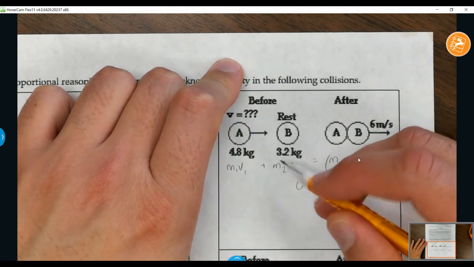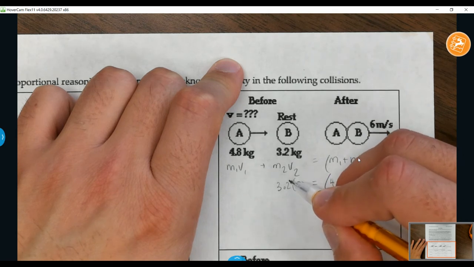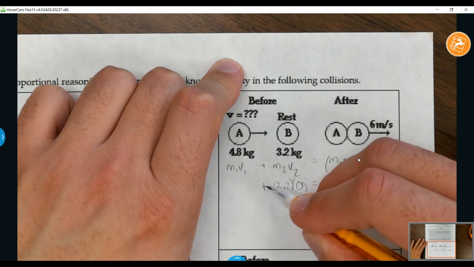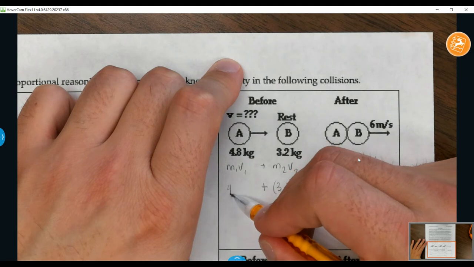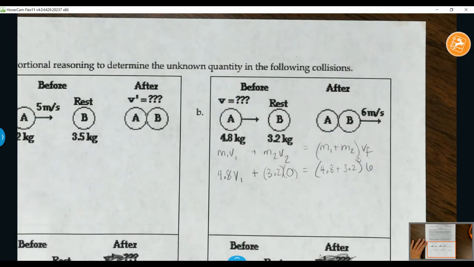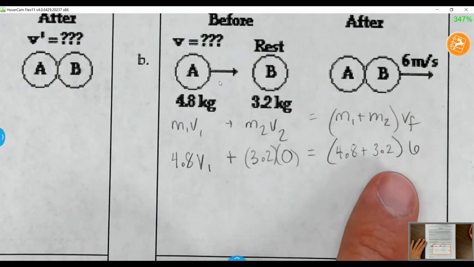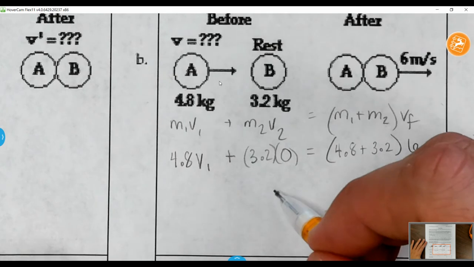The velocity of this one is at rest, but its mass is 3.2, and we have 4.8 times V1. It's the same kind of stuff. Get everybody over here. This is 0.